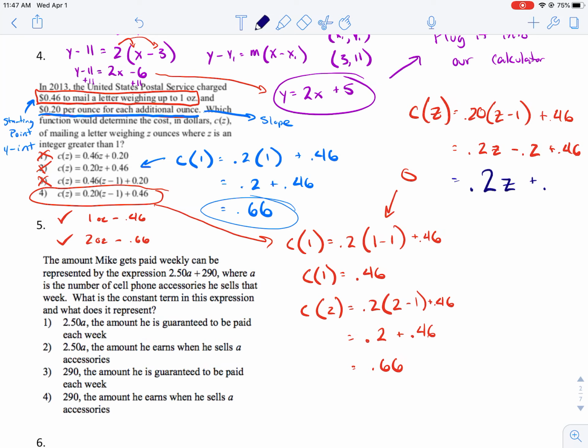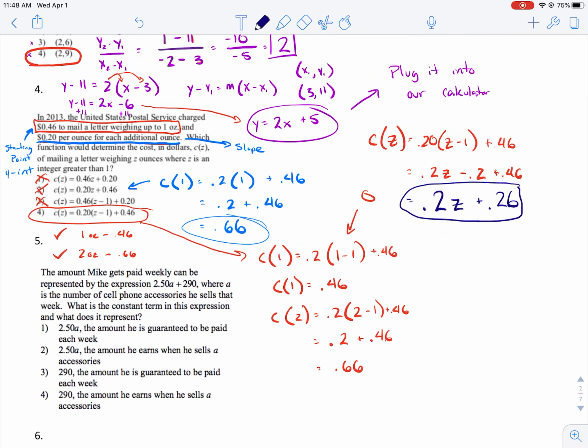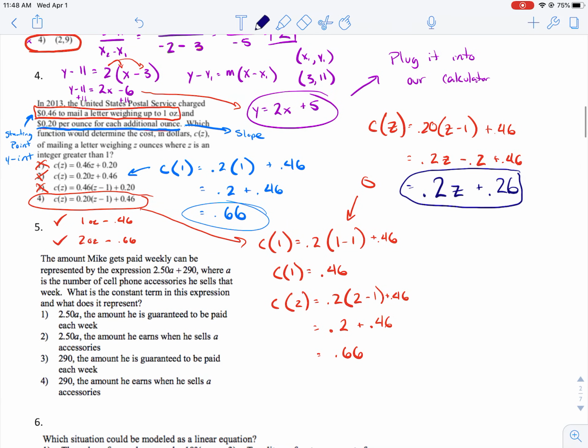So our starting point is actually 0.2z plus 0.26. That's what our formula in a simplified form would look like. Anyway, that one's a bit tricky, so that's number 4.